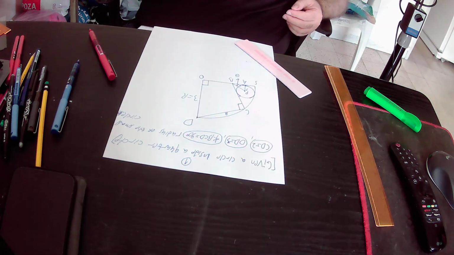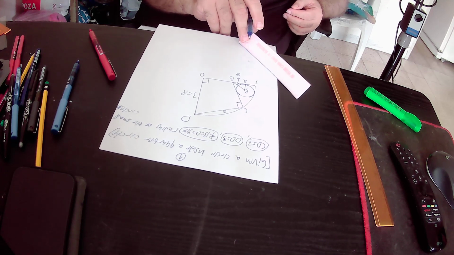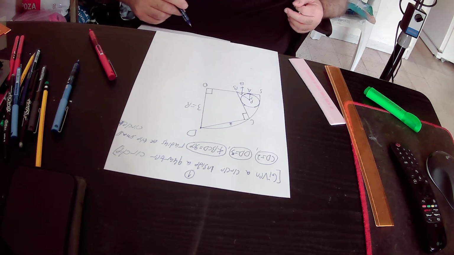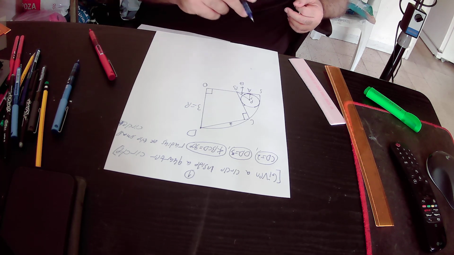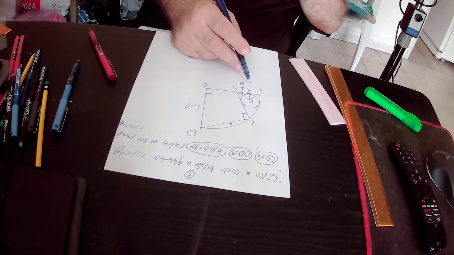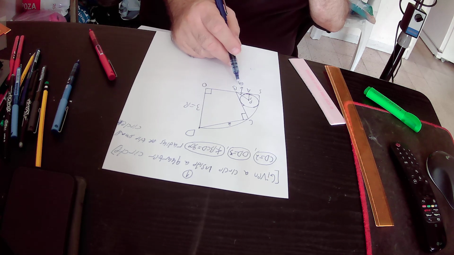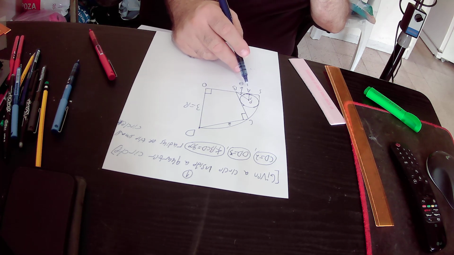We know that BA is tangent to the small circle at point A, and AP is the radius of the small circle that touches the circle at point A.